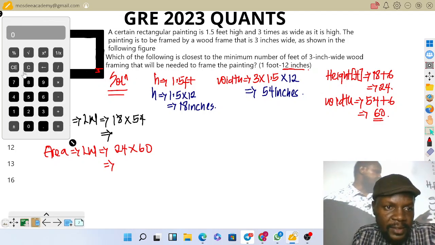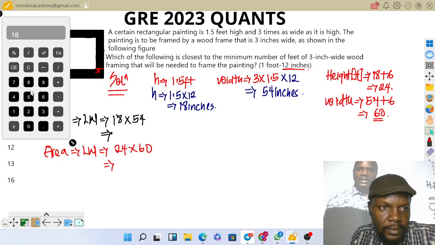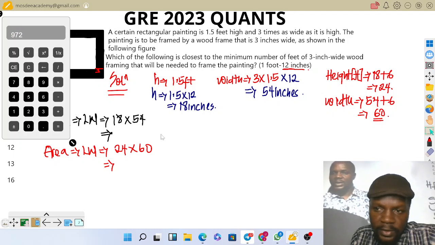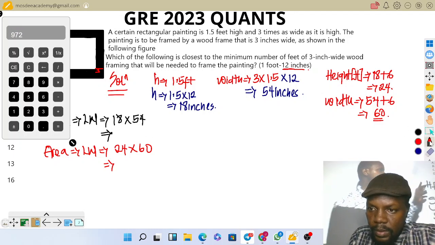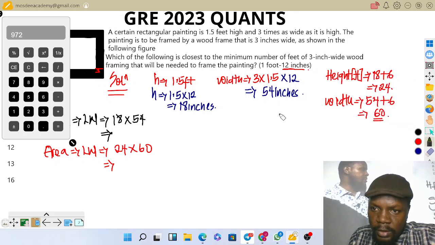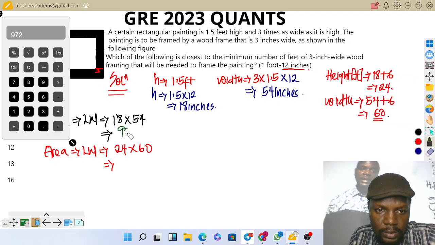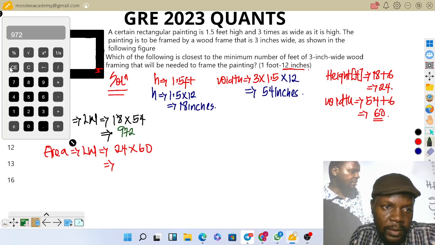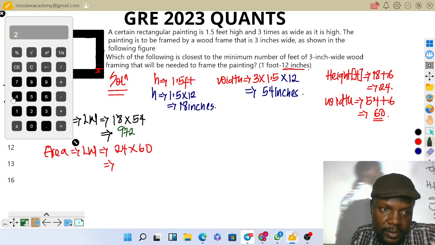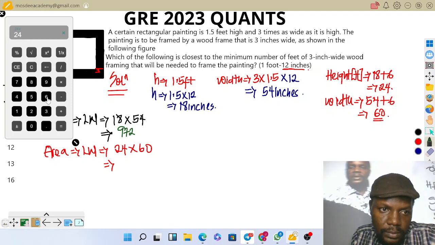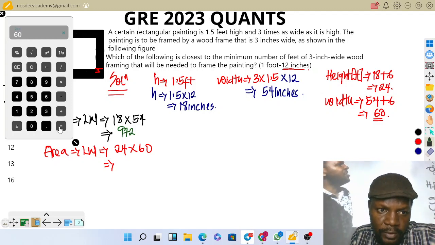So we have 18 multiplied by 54, which is giving us 972. Let's use a different color. The other one is 24 times 60, which is 1,440.